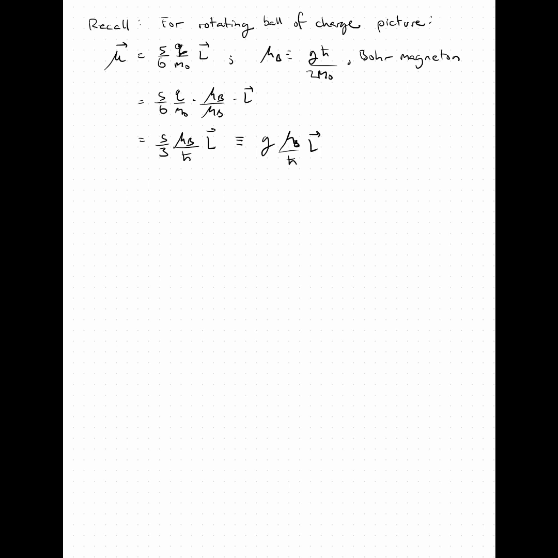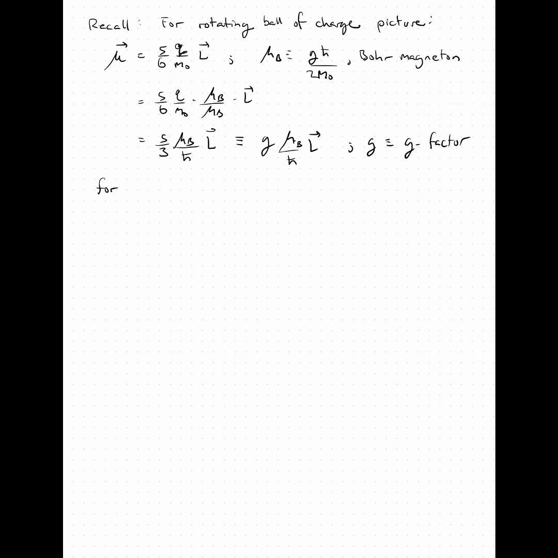We get g times mu b over h bar times L, where g is this constant I described before, but it has a name, and it's called the g factor. And it was 2 we found for the electron, but it turns out that this factor can change. It really depends on the particle that you're looking at, and also the kind of charge configuration.